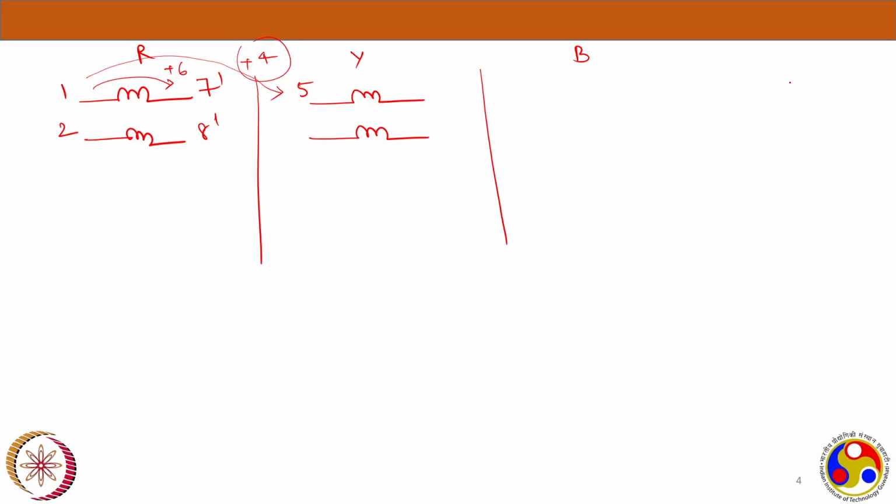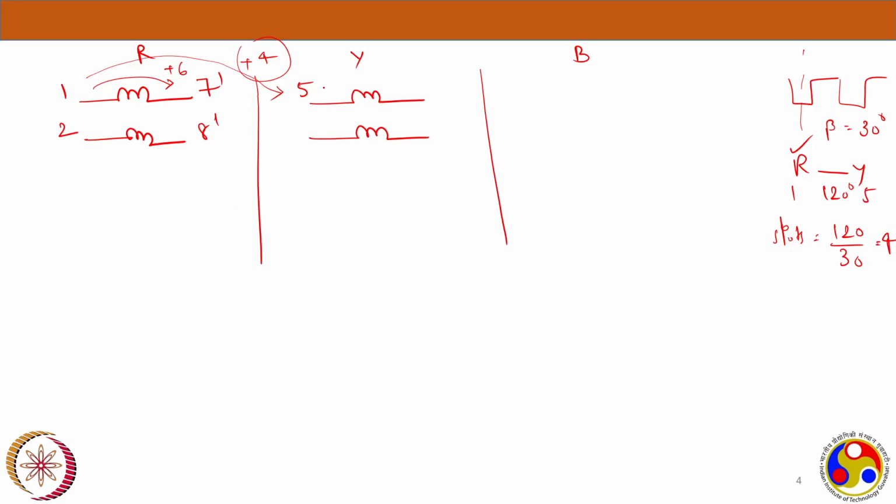Each slot beta is equal to 30 degree. R and Y are displaced by 120 degree in space. So the number of slots is 120 by 30, which is 4. So if R is starting in slot number 1, Y should start in slot number 5. So that's the 5 I have started.